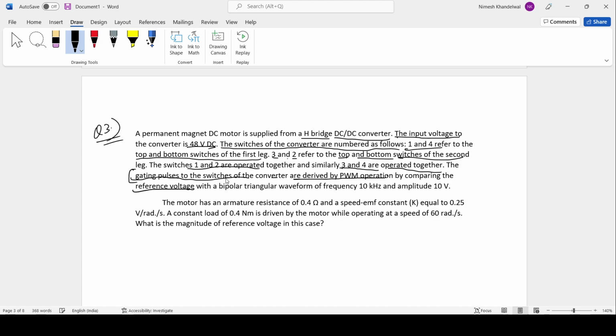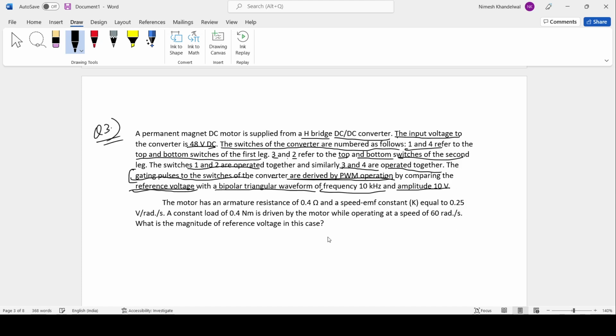There is just a lot of terminology here, so we'll go slowly. Basically the switches are being controlled by a PWM signal. And how is the PWM signal being generated? It is being generated by comparing the reference voltage with a bipolar triangular waveform of frequency 10 kilohertz and amplitude 10 kilovolt.